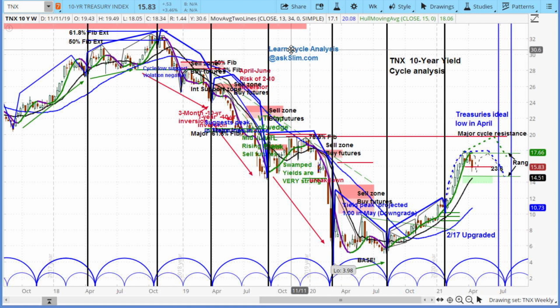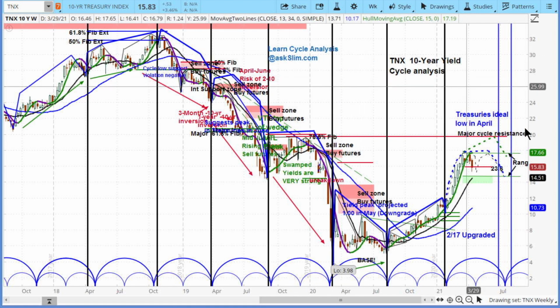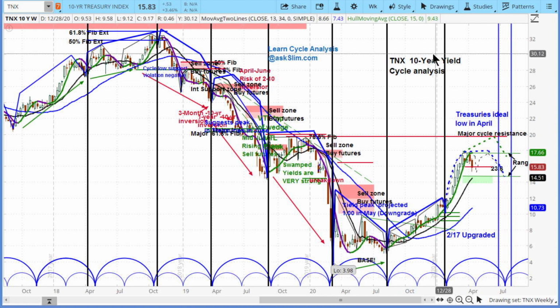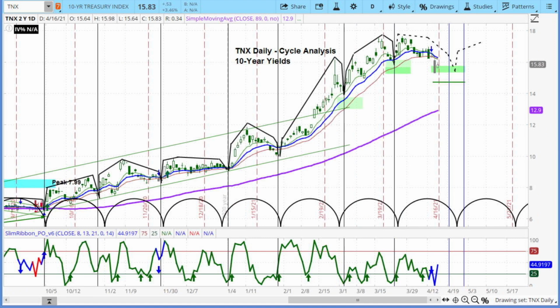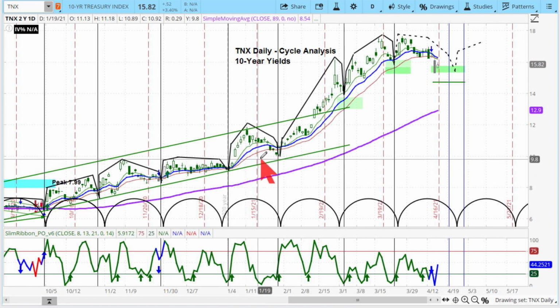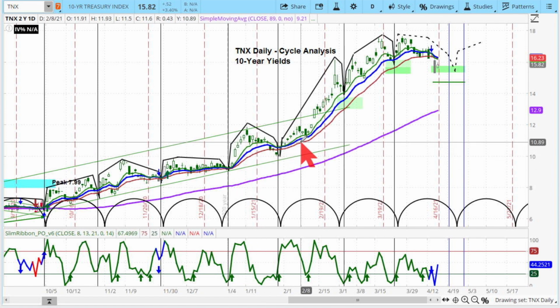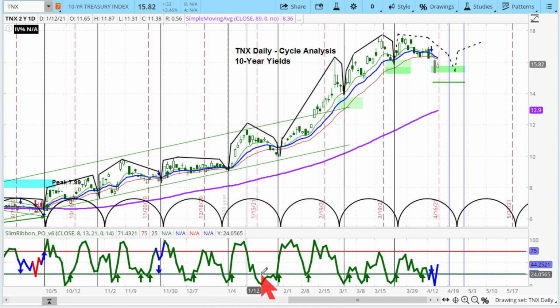And you can go to our cycle analysis workshop tab, and it gives you a lot of information about cycle analysis in there. And here's that daily chart again as I dance all over the place, and you can see those beautiful rhythms and all of the information. This is the slim ribbon, which is the best momentum indicator you will ever have. And when you combine that with the slim ribbon PO, which is the signal indicator on the bottom, you get unbelievable signals.